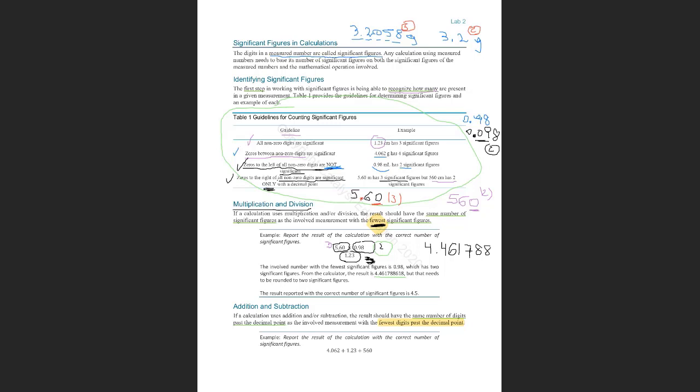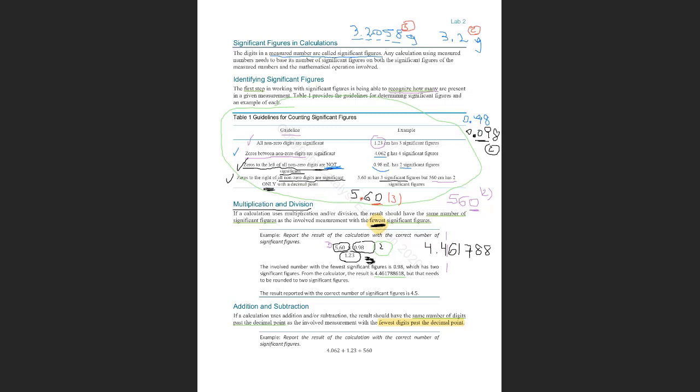Now, because we already checked the number of sig figs of each number, we know that our answer has to have just 2 sig figs. And as we said at the beginning, we start counting from the left. 1, 2. And we draw a line here.